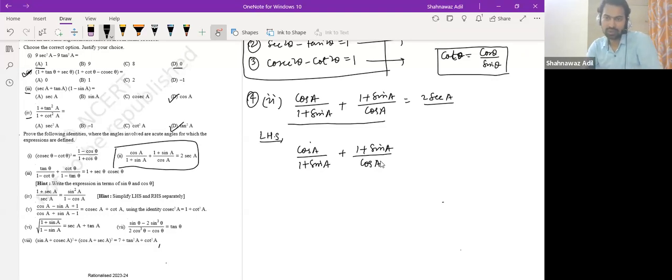No, no. We cannot take the reciprocal because we are taking only the left hand side. Whenever we have both the sides, then we can take the reciprocal, because whenever we take the reciprocal on one side, we have to take the reciprocal on the other side as well. So we can't take the reciprocal when we are solving only one side, right? So first thing that we can do is simplify.